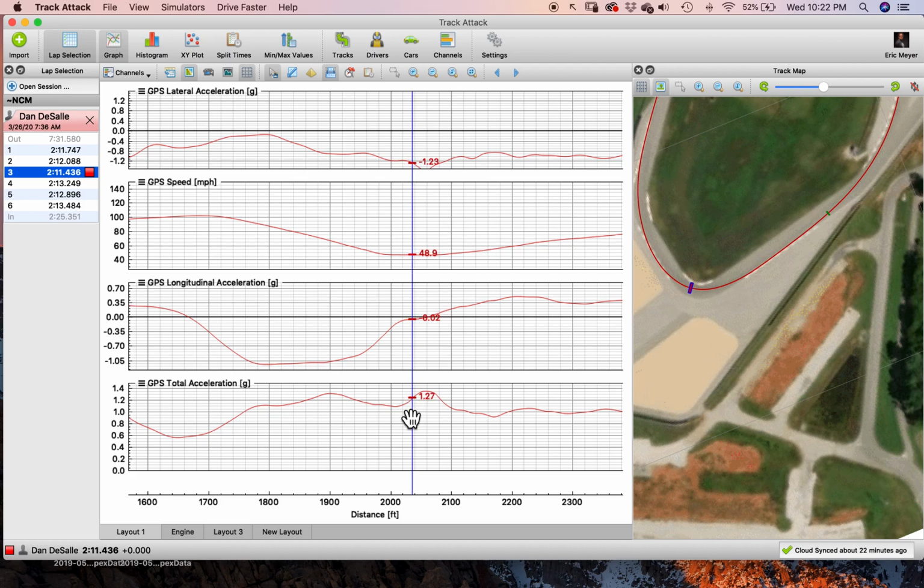If we look at our GSum or total acceleration, right in here, it says how much of the tire we're using. And we can see on entry, right there, that spot on the track, we're using 1.12. Everybody see that?